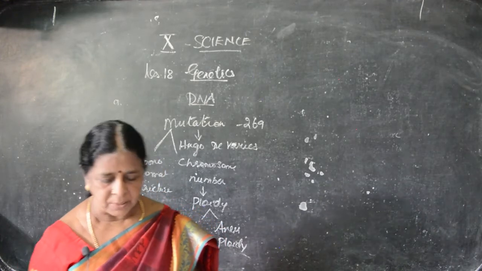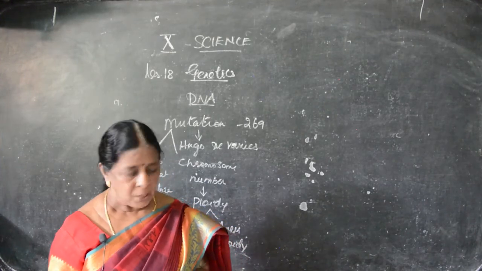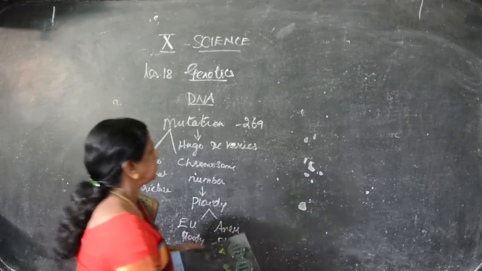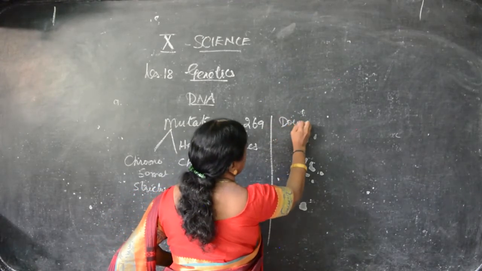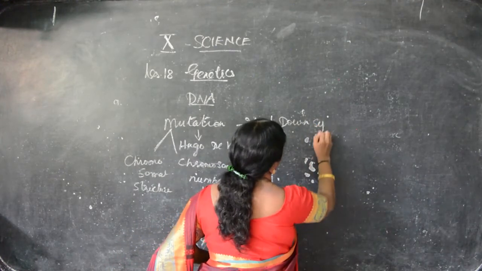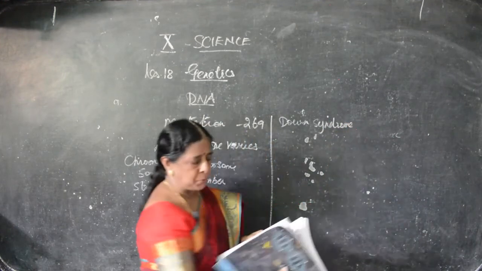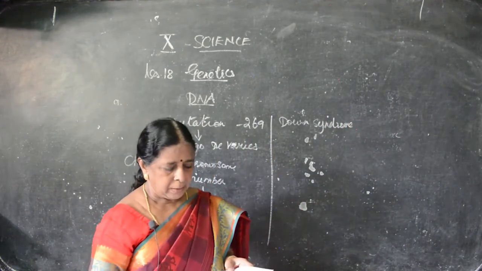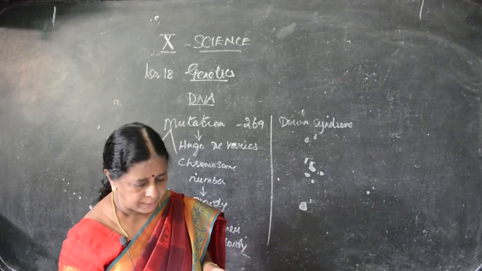Because of aneuploidy, there may be some diseases in human beings. One is Down syndrome. This condition was first identified by the doctor named Langdon Down.